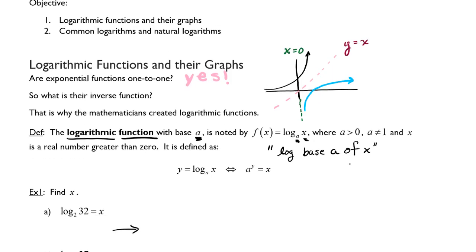Now, this log base a of x has to have an a greater than 0, so you can't have negative bases. And a cannot equal 1, because as you will learn, that won't make any sense either. And x is a real number greater than 0 as well.